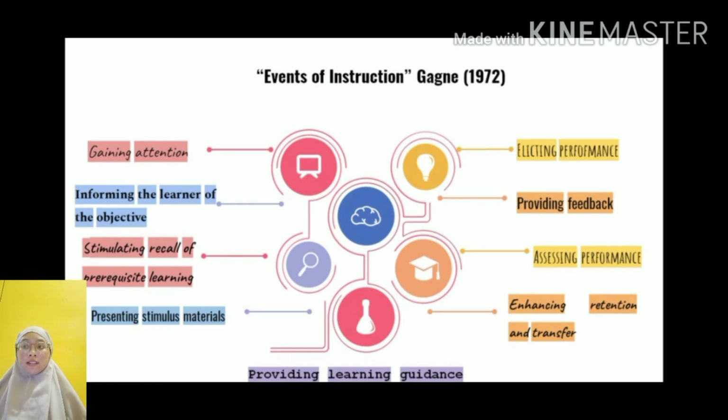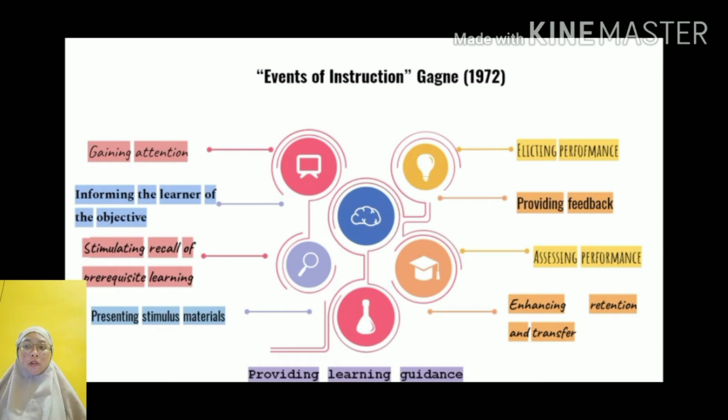According to Gagné 1972, he has suggested that lessons include nine events of instruction. The first is gaining attention. The second is informing the learner of the objective. The third is stimulating recall of prerequisite learning. The fourth is presenting stimulus materials.